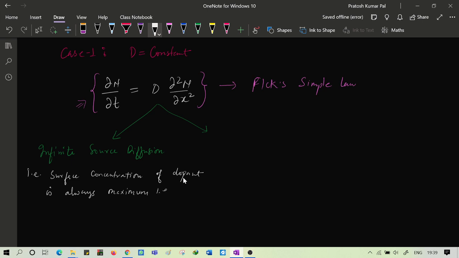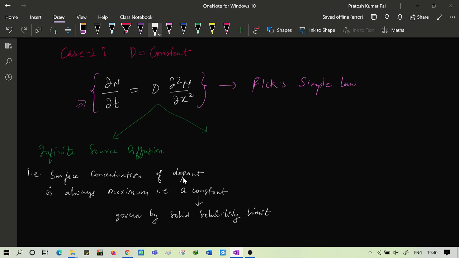This maximum value equals a constant, basically governed by the solid solubility limit.